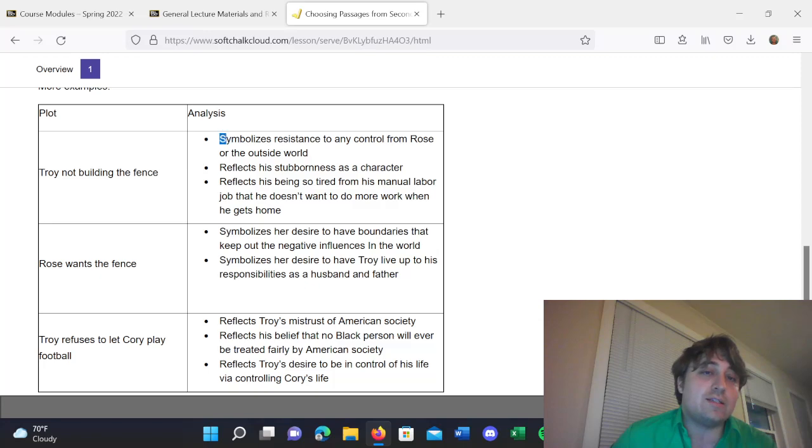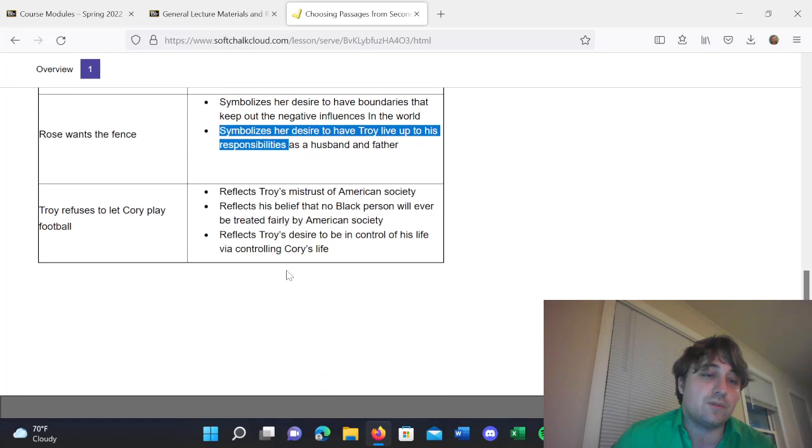So, what do these symbolize? Do they reflect his stubbornness? They reflect his being tired from manual labor. What does this symbolize? It symbolizes her desire to have boundaries. Symbolizes desire to have Troy live up to his responsibilities. What does this tell us about the play?